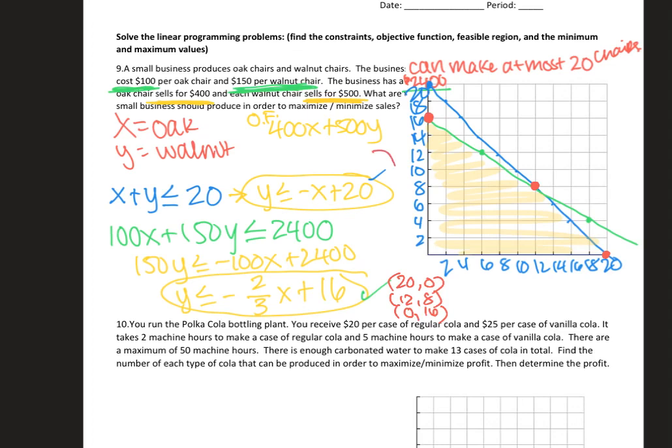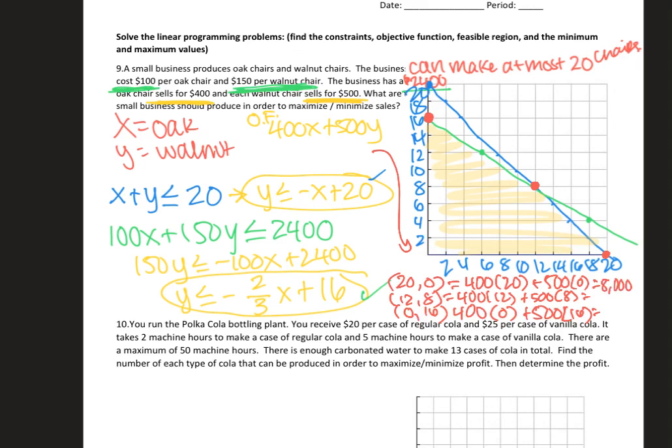Now I'm going to plug them into my objective function. So I should have 400 times 20 plus 500 times 0. 400 times 12 plus 500 times 8. 400 times 0 plus 500 times 16. So here we should get 8,000.